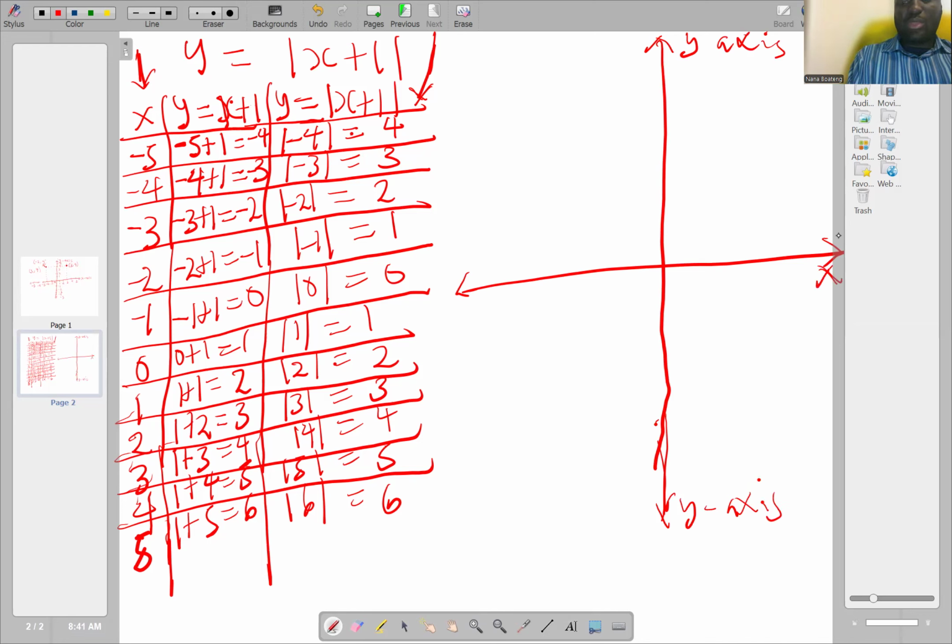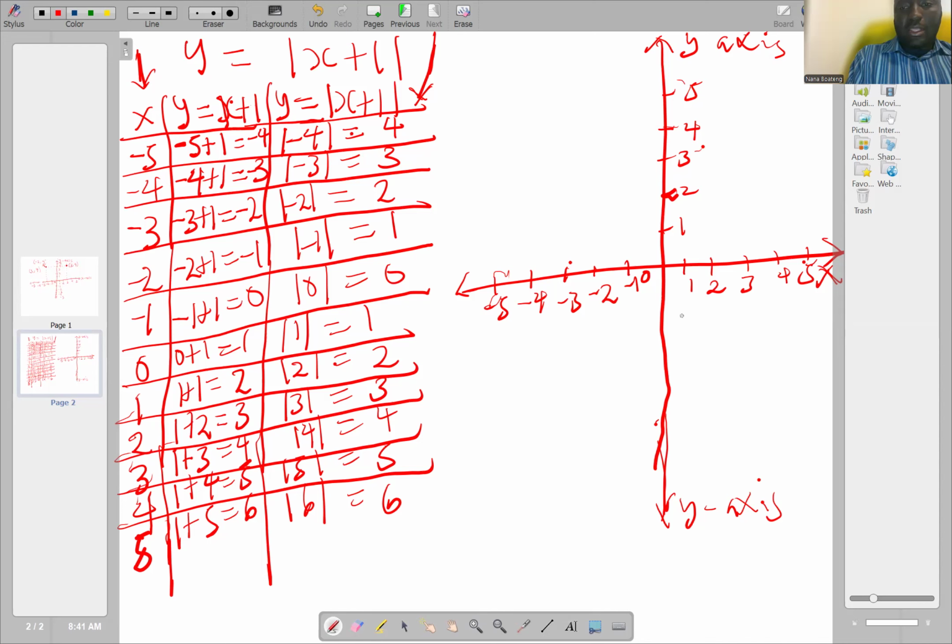All right, so let's try to put these points on the number line. So this is the origin, then 1, 2, 3, 4, 5. This is -1, -2, -3, -4, -5, and here 1, 2, 3, 4, and 5.